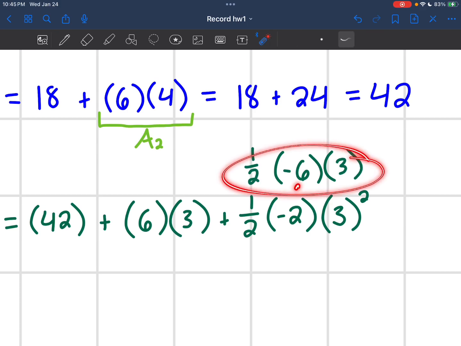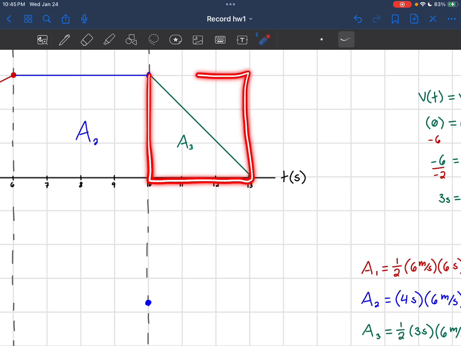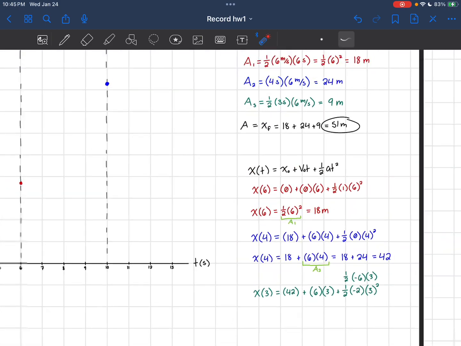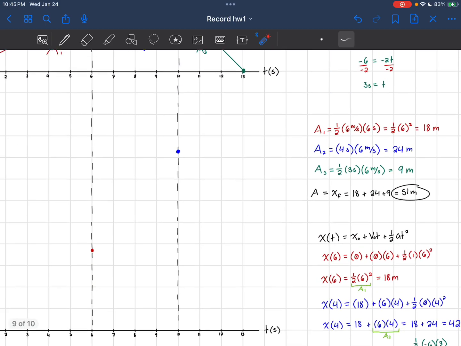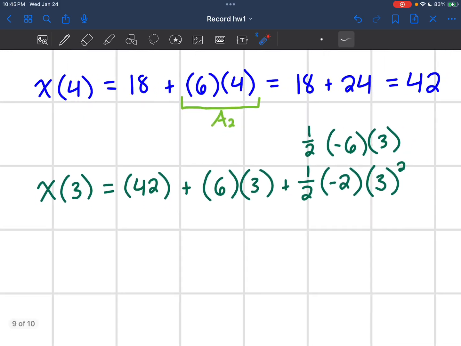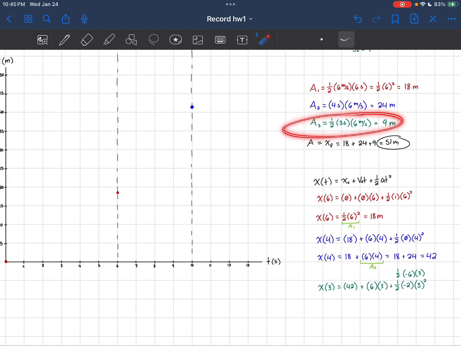So there's the area of that remaining triangle up here. So I'm taking that big rectangle and subtracting this area because it's that negative slope that wasn't accounted for when I was just looking at the area. So it doesn't look exactly the same, but it's really similar, and we can see where our area and kinematics formulas relate.